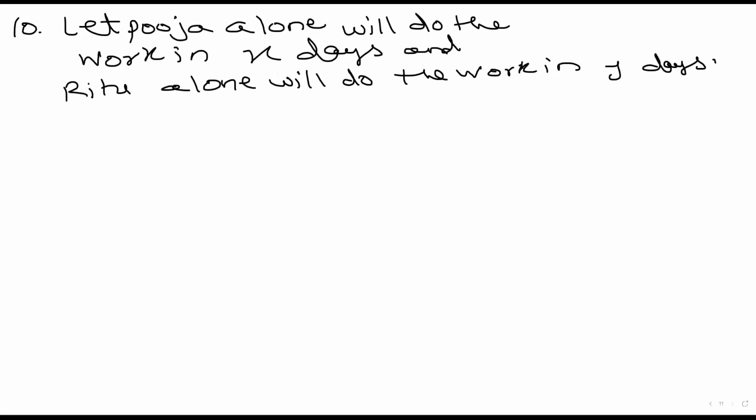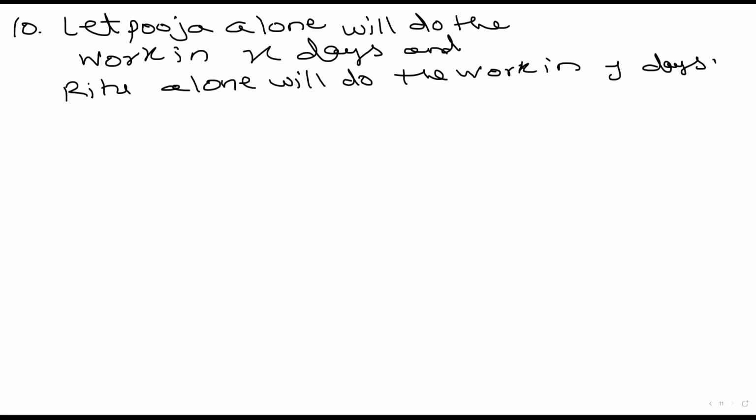Is that clear? Now, when they work together, they finish the work in 17 integer 1/7 days. Do you understand?